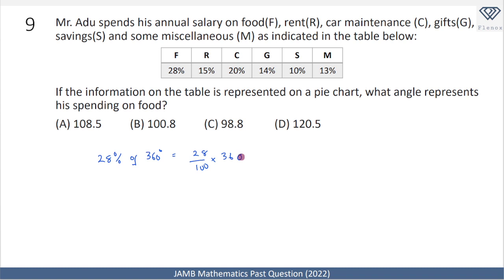This cancels out, and when you punch the remainder in your calculator, 28 multiplied by 36 is going to be 1008, and when you divide that by 10, that is just going to be 100.8 degrees. So the correct answer to this question is option B.